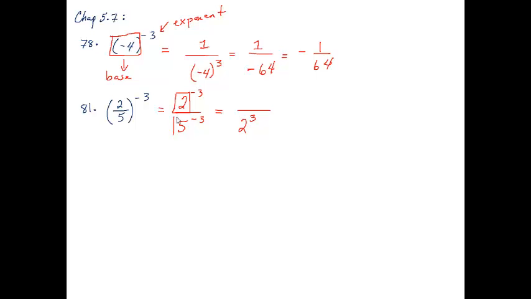And then I look down here and I see this 5 is also being raised to a negative exponent. So the rule is to take him from the denominator to the numerator, and his exponent also becomes positive. And then we can use our calculators to simplify it to be 125 divided by 8. And you can leave your answer just like this.